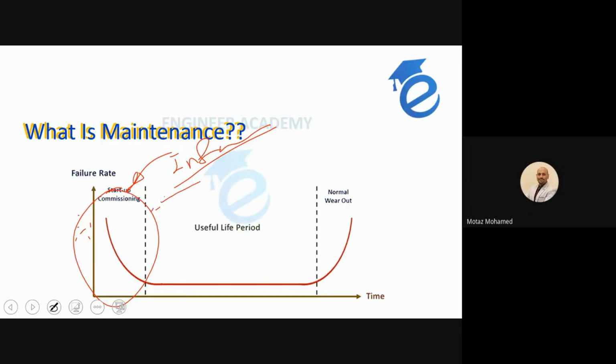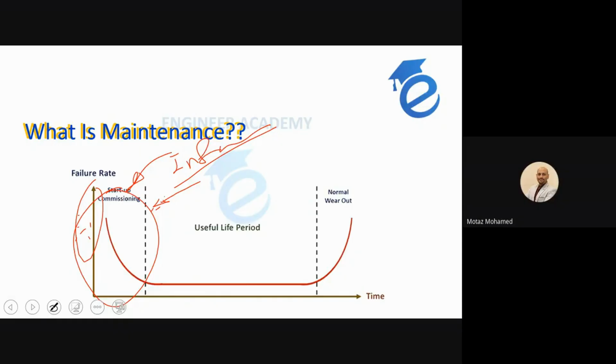In this beginning, we can see that the probability of failure, the probability of having interruption in operation, in installation, the failure rate increases in this area. This is the beginning of the equipment life. Why do we have this high rate? Because simply we have a lot of unknown things at the beginning.